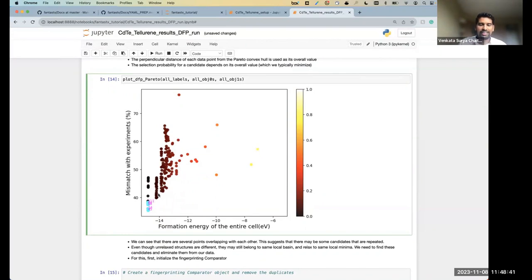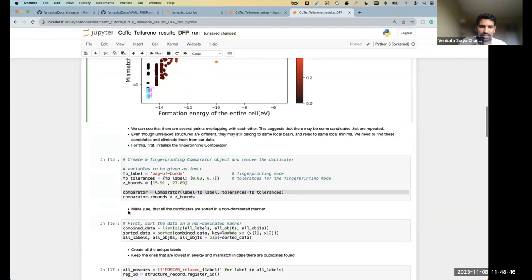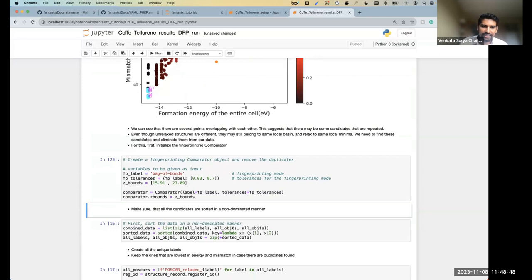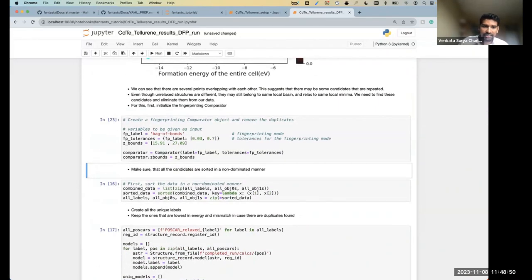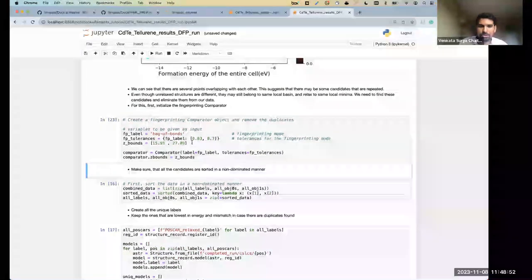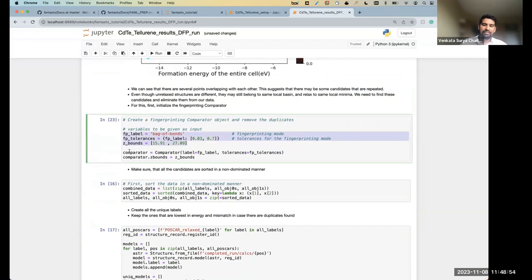So we are getting a slightly different mismatch error. And so we are going to remove these duplicate structures. Again, we are going to use the same fingerprinting parameters that we provided in the input.